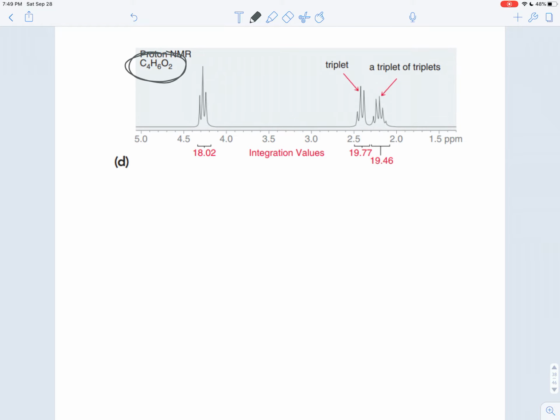So in this next one, we've got our molecular formula that you'd get from mass spectrometry. And so let's do the hydrogen deficiency index with that. We have 1/2 times 2 times the number of carbons, which is 4, plus 2, plus the number of nitrogens, which is 0, minus the number of halogens, which is 0, minus the number of hydrogens, which is 6 here.